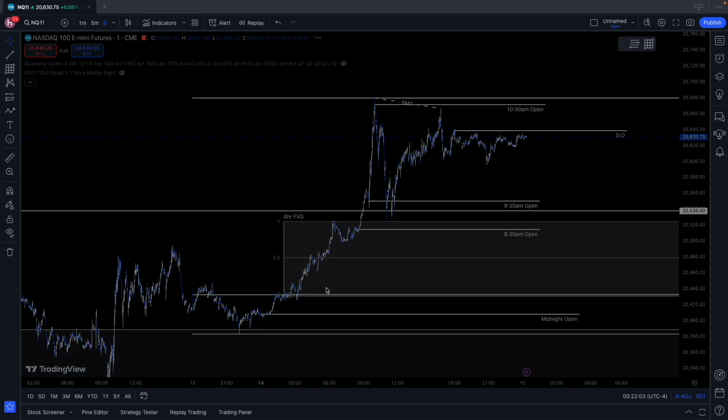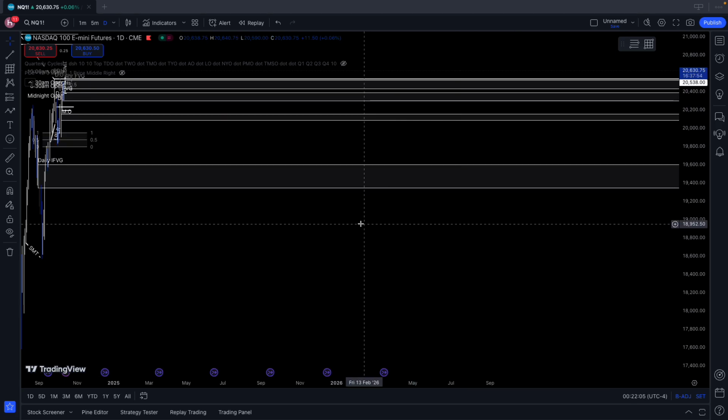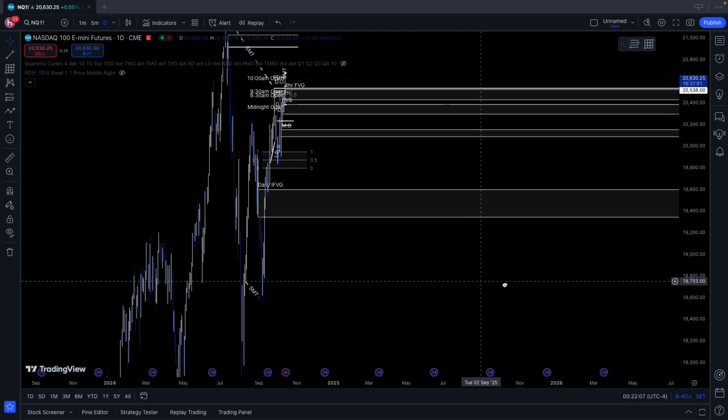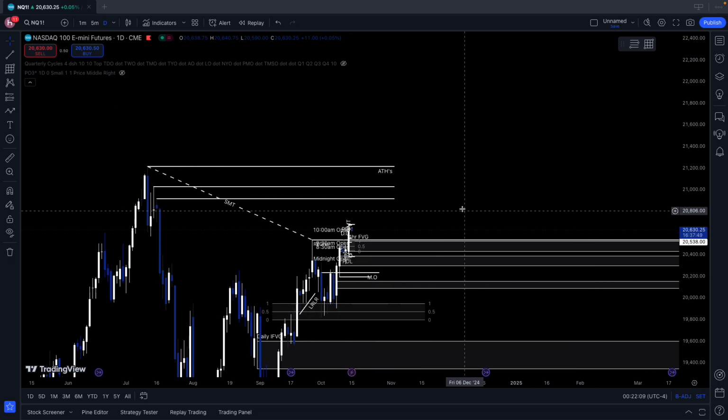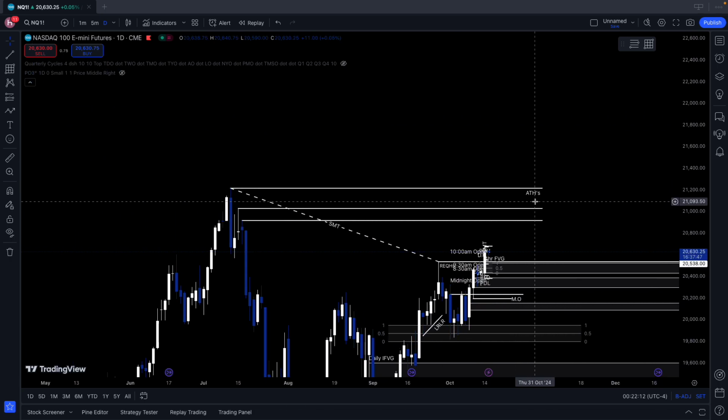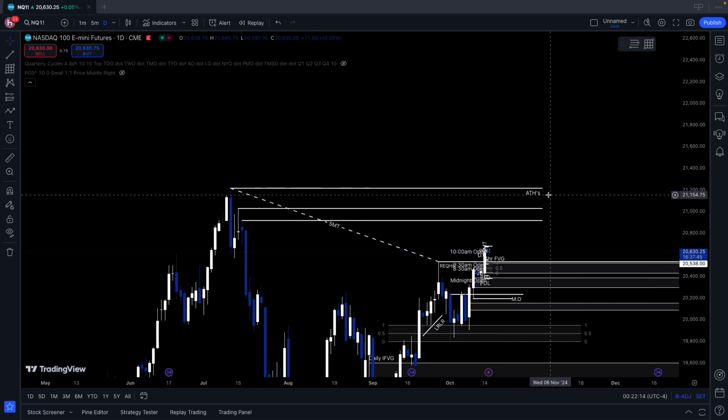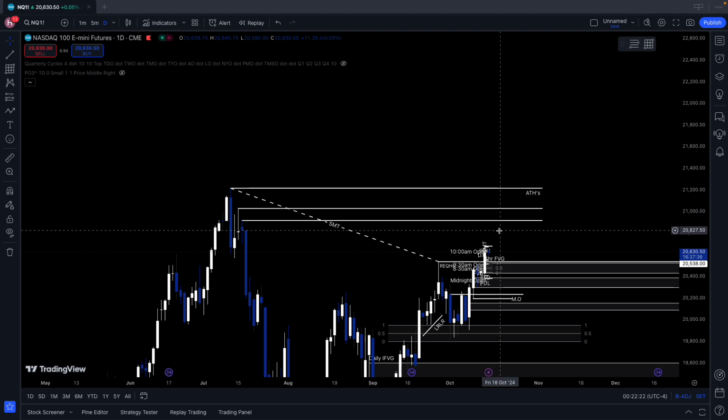Overall, I am bullish on this week, on the week to these highs up here. I think we can run those highs Wednesday and Thursday. But I don't think these highs will get run tomorrow.